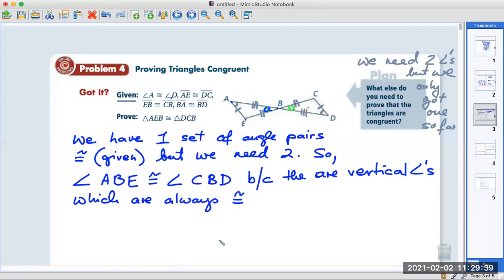Vertical angles are always congruent. So now I have two angles congruent.